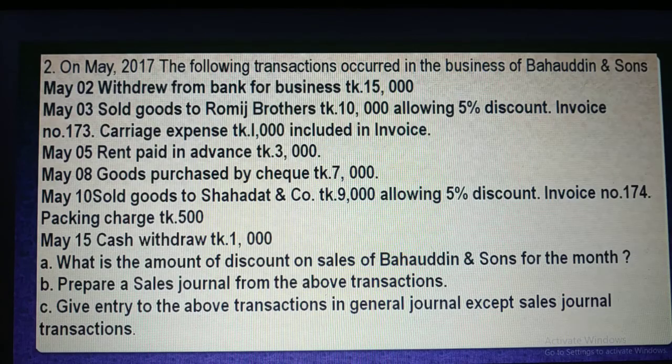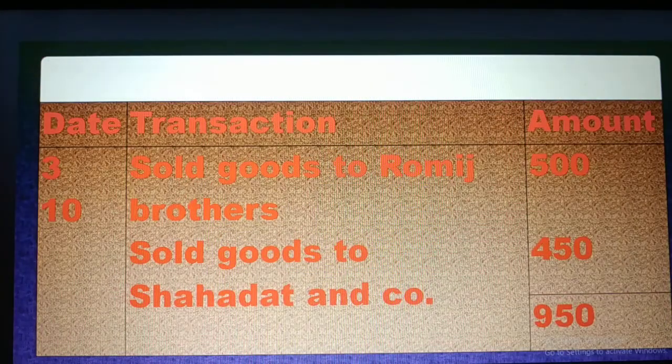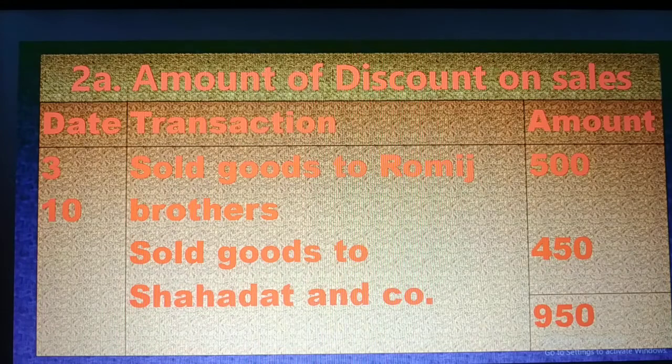Dear student, requirement A, amount of discount on sales. All of you know that discount means whatever amount we pay less to the seller or buyer at the time of purchase and sales, or when paying to a creditor or receiving from a debtor.